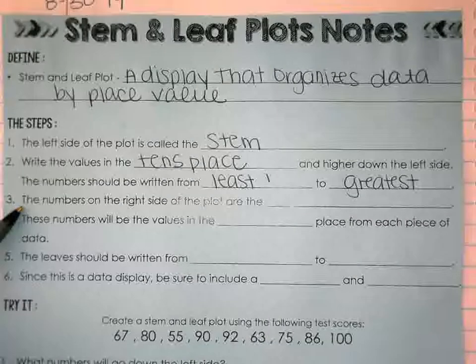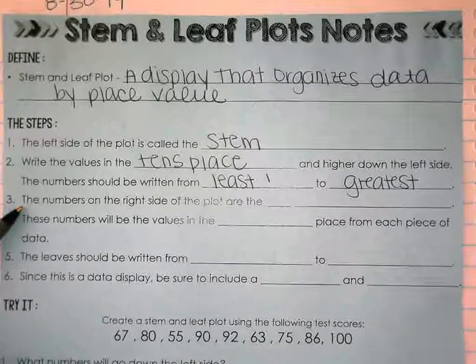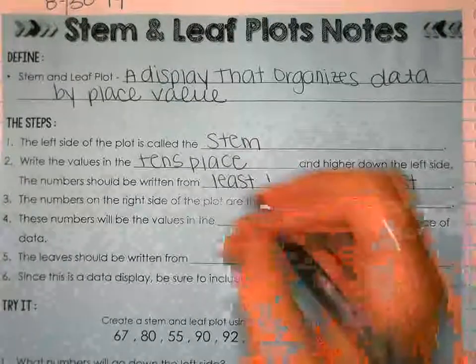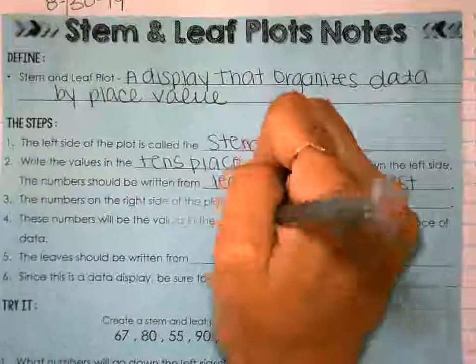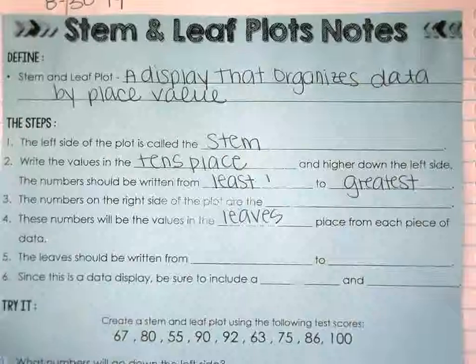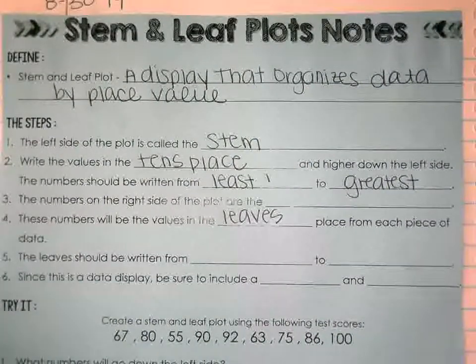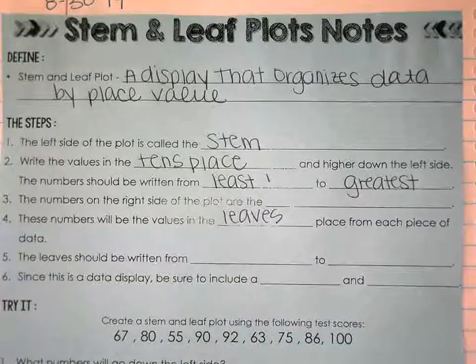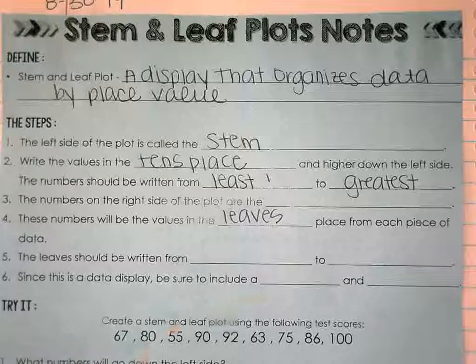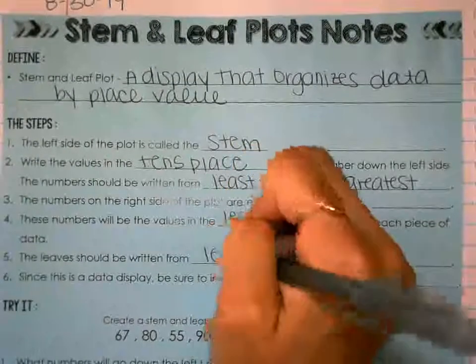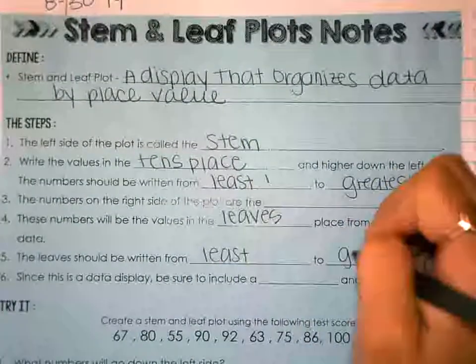Okay, then step 3, the numbers on the right side are what we call the leaves. So this is why it's called a stem and leaf plot. Left side stem, right side leaves. And this is the ones place from each piece of data. The leaves should be written from least to greatest as well.